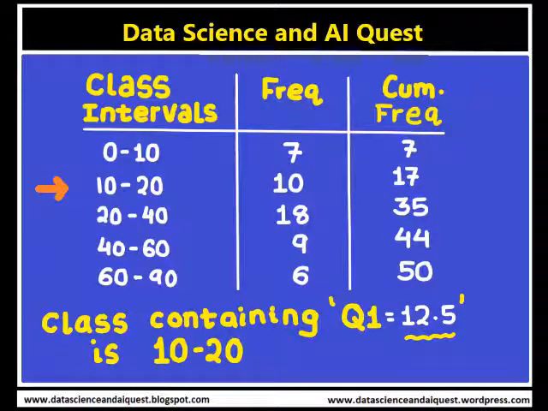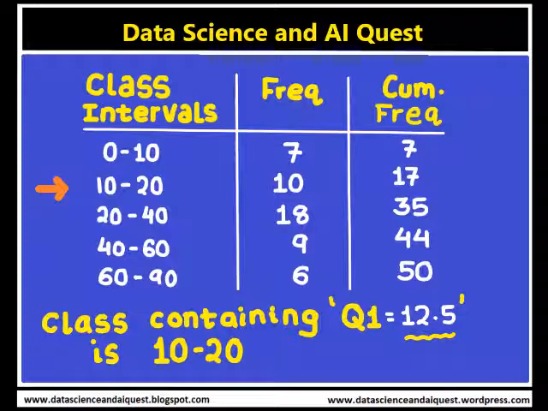Referring to the table once again, we see that the 12.5th element lies in the class 10 to 20, which has a frequency of 10, and the cumulative frequency of this class is 17. So the class containing Q1 is the 10 to 20 class.